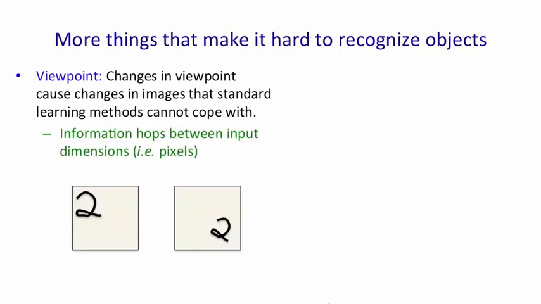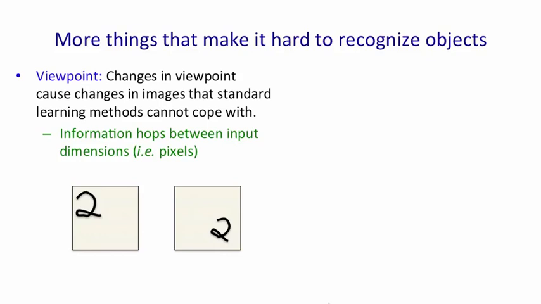The problem is that information hops about between the input dimensions. So typically in vision, the input dimensions correspond to pixels. And if an object moves in the world and you don't move your eyes to follow it, the information about the object will occur on different pixels. That's not the kind of thing we normally have to deal with in machine learning.